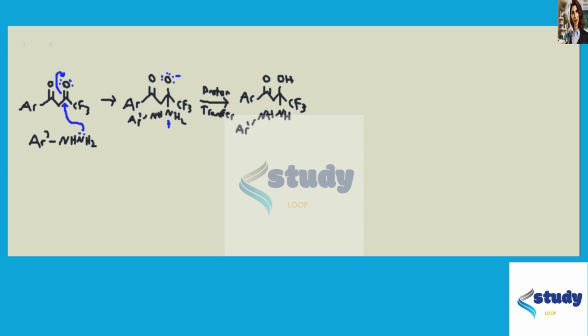So from here, what needs to happen, and we are told in the problem that there is HCl in this reaction. So this alcohol is going to be protonated. So it's going to grab that acidic proton.